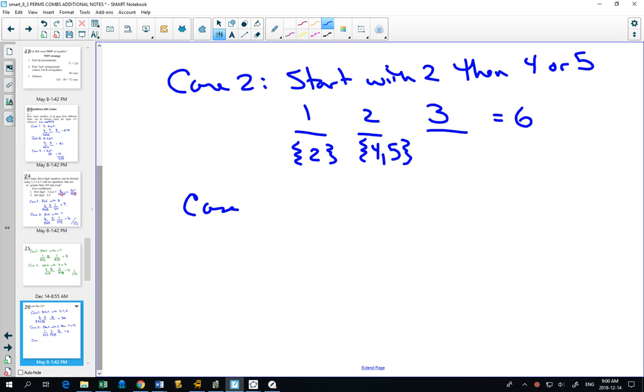There could be numbers in the 230s that are bigger than 232. So case 3, start with 2, then 3, then what has to be our last digit? It has to be bigger than 232. What choices do we have left?